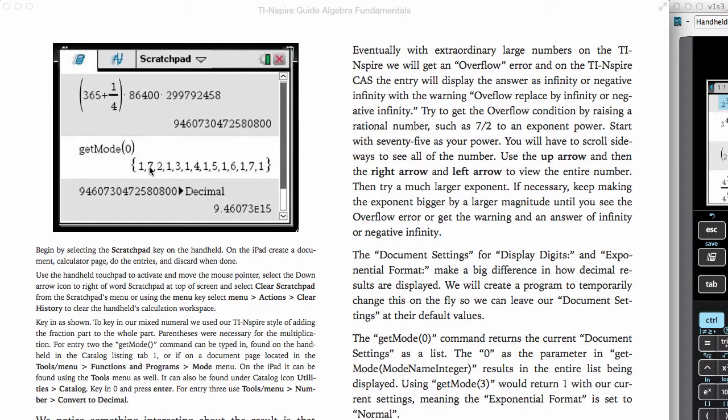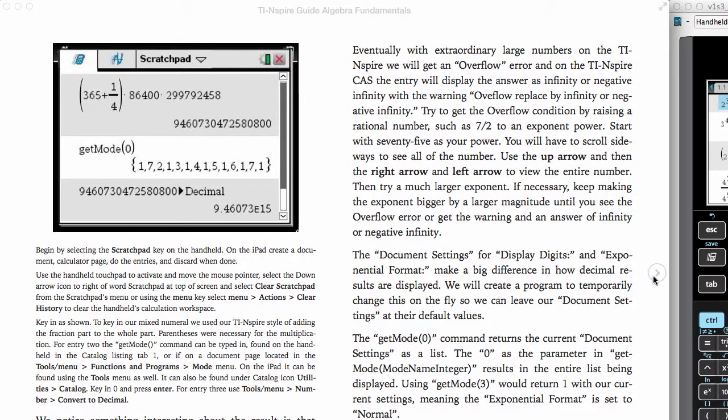So it says 1 and 7, 2 and 1, 3 and 1, 4 and 1, 5 and 1, 6 and 1, 7 and 1. These are telling us the modes that are in our calculator. And we can convert things over to scientific and decimal by using notation like this.